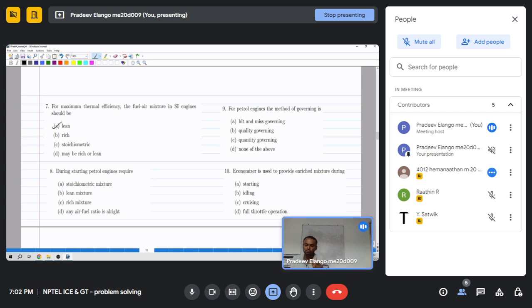With rich, the power will be high, but low efficiency. Stoichiometric is like a trade-off between low power and efficiency. During starting, petrol engine requires stoichiometric mixture, rich, lean, any air-fuel ratio is alright.